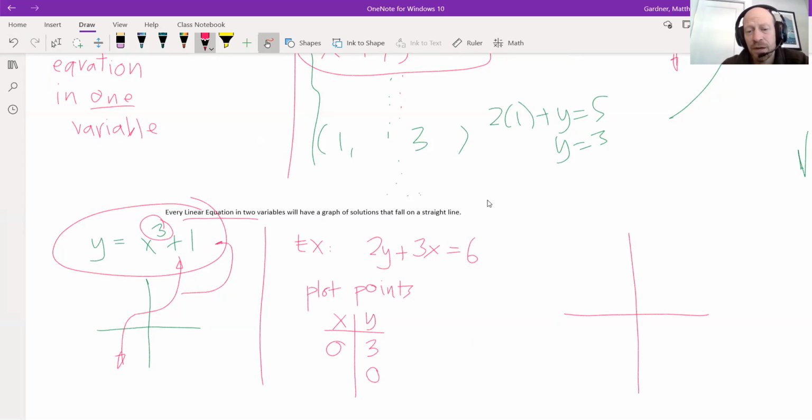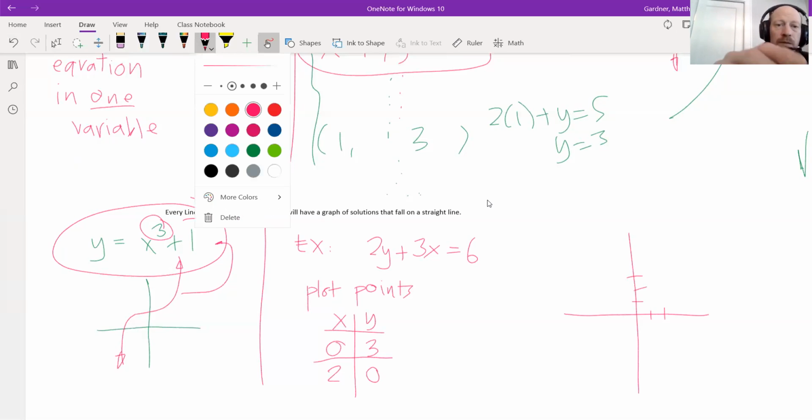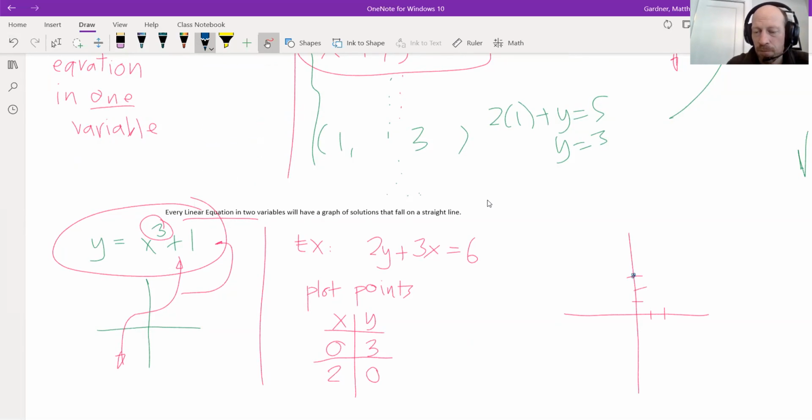To find a different pair, I'm going to let y equal 0. That says then that 3x equals 6, so x equals 2. So those are two pairs. x equals 0, y equals 3 is right there.